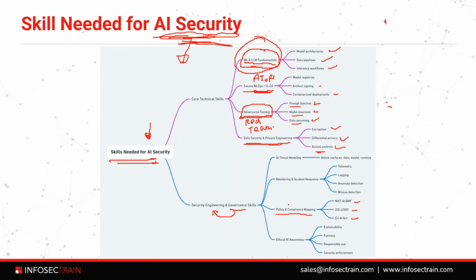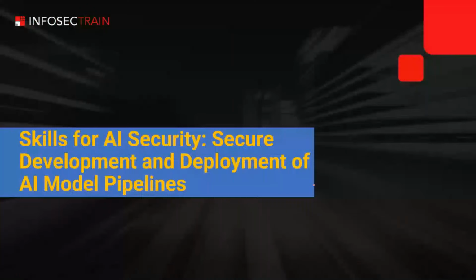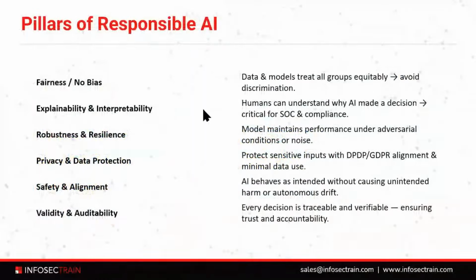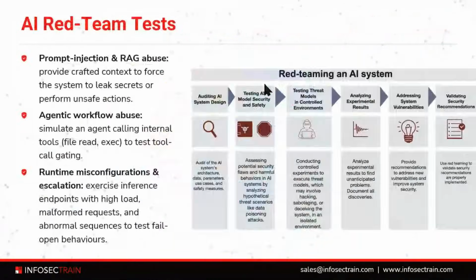So for our GRC professionals, these are the things that you need to learn. Ethical AI awareness about explainability, fairness, responsible use, and security enforcement. This is just a gist of all the things we saw here, the skills you need as a GRC professional.